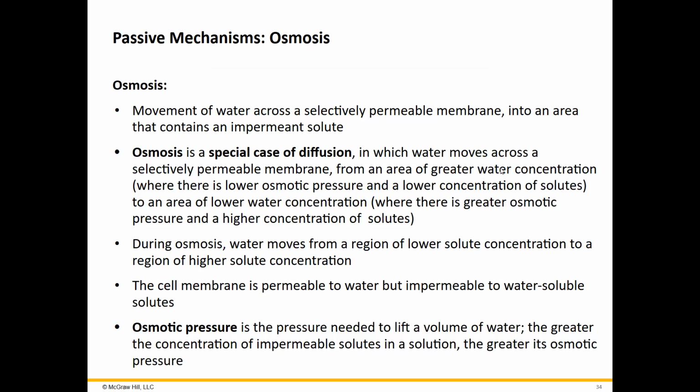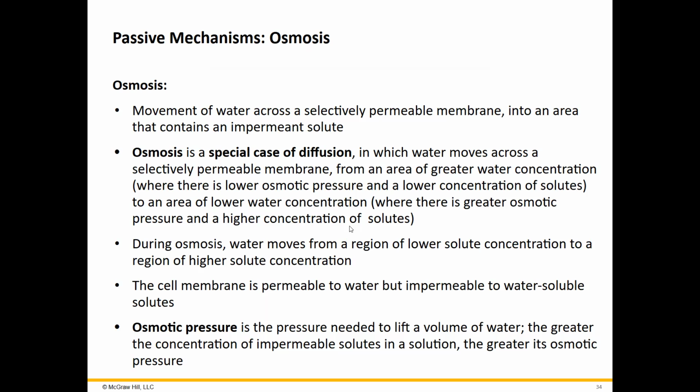Because imagine if you have a lot of water, you have less stuff in the water because it's mostly water. So we call that a low osmotic pressure, and it travels to a place of lower water concentration or higher osmotic pressure because there's a higher number of solutes.